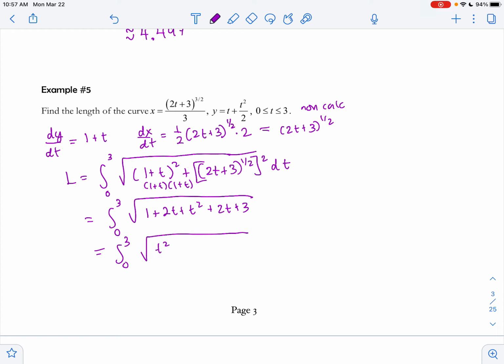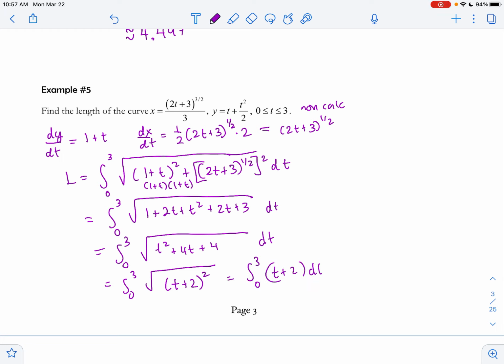So we have t squared plus 4t plus 4. And as you guys examine that, you'll notice that you can factor that to be (2 plus t) quantity squared. And that way, when you take the square root of something squared, you end up with just t plus 2.